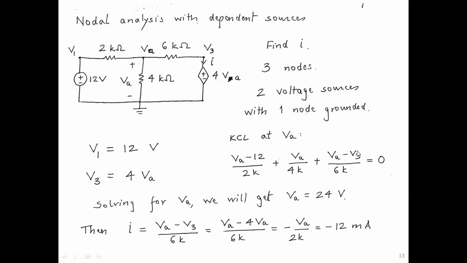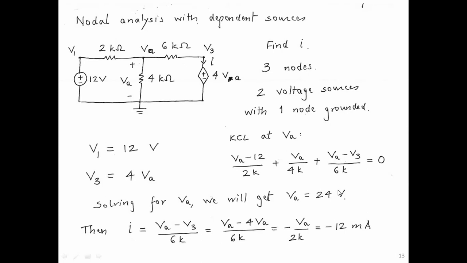But V3 is 4 VA, so we can substitute for V3 here and we get an equation only in VA, and if we solve it we get VA equal to 24 volts.